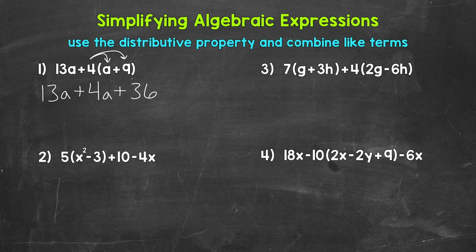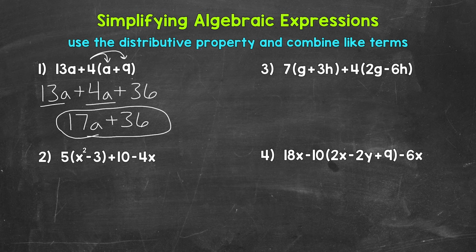Now that we removed the parentheses, we can look to combine like terms in order to simplify this further. So do we have any like terms that we can combine? Yes, 13a and 4a are like terms, so we can combine those terms. 13a plus 4a is 17a, and then we have that positive 36, so plus 36, and this is our final simplified expression: 17a plus 36.